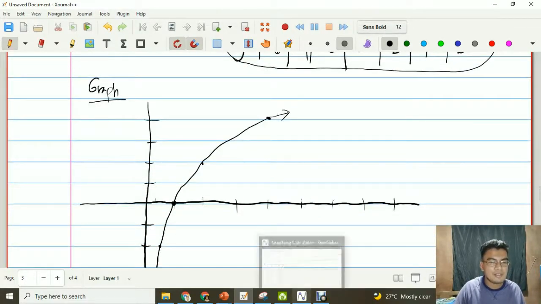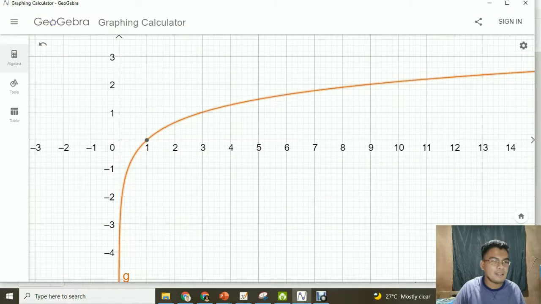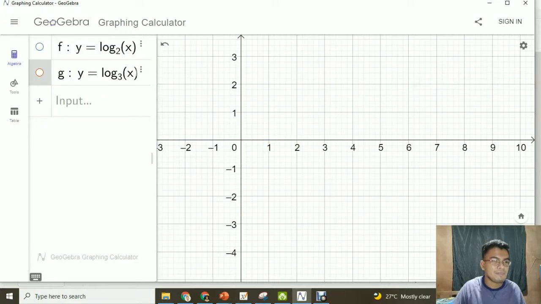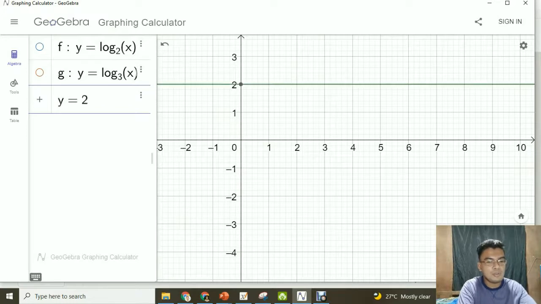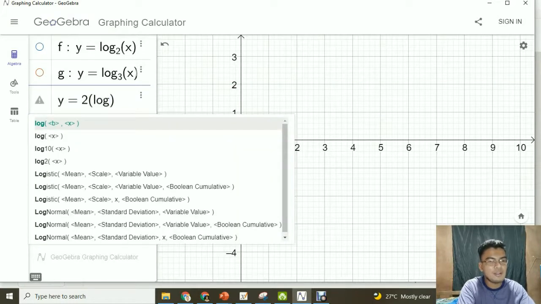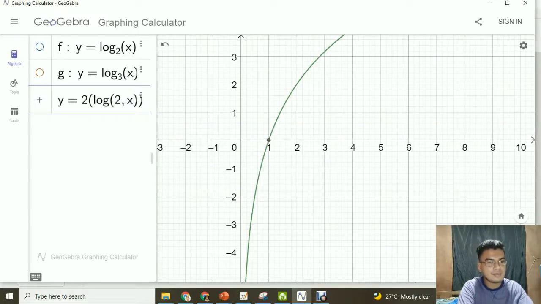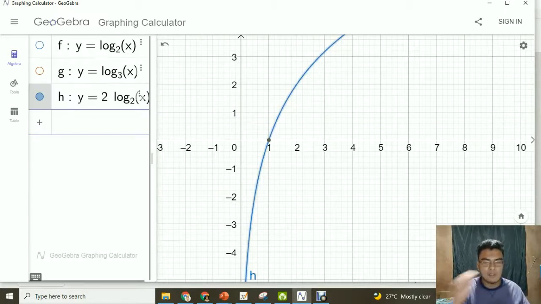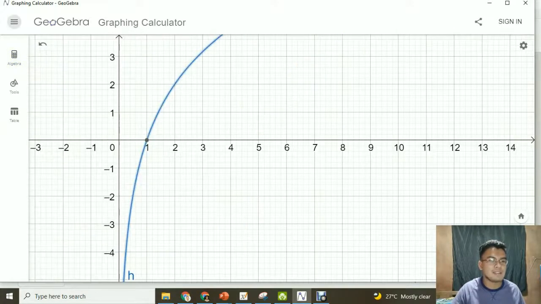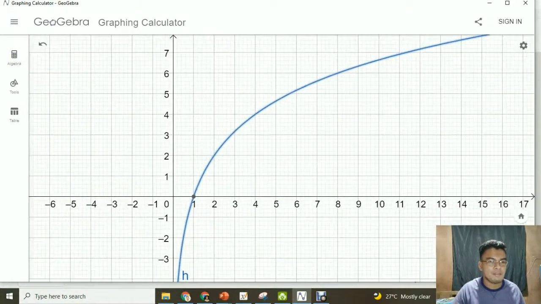At kapag titignan natin yan, ipa-plot natin yan sa ating graphing calculator. This will be y is equal to 2 times log base 2 of x. So, yan ho ang magiging appearance ng ating graph.